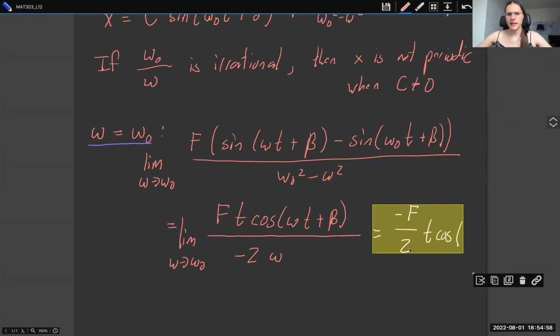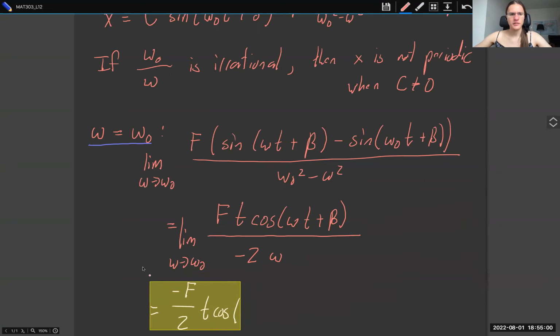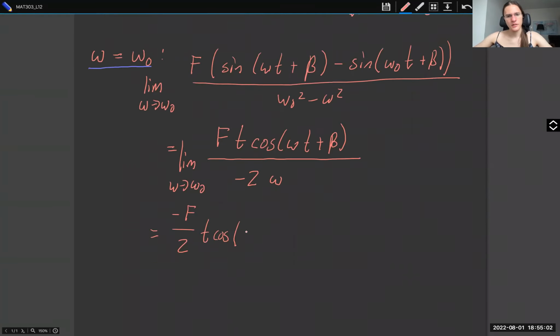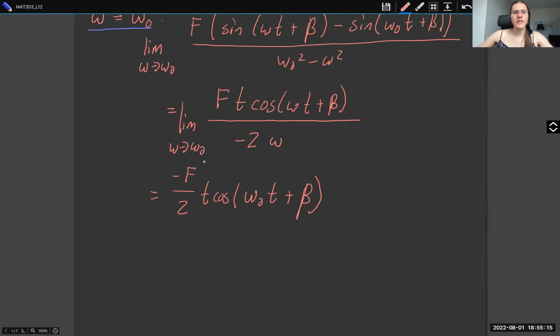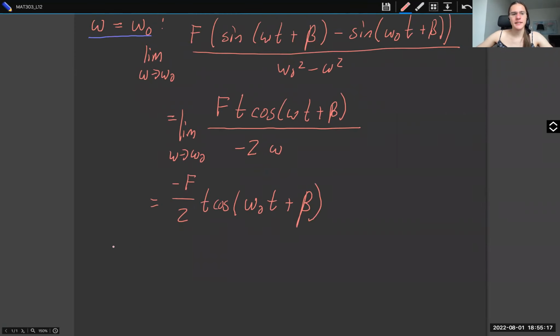There, that gets me the answer. And you can check that this satisfies the differential equation.